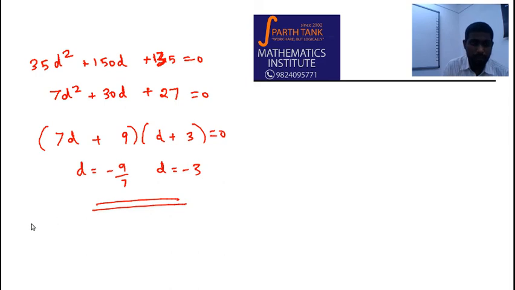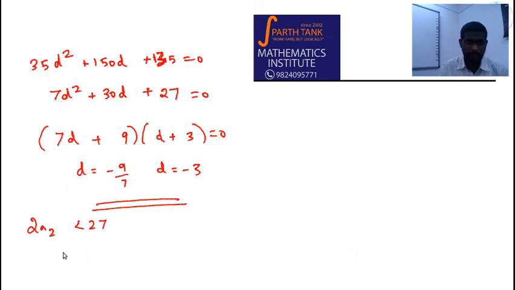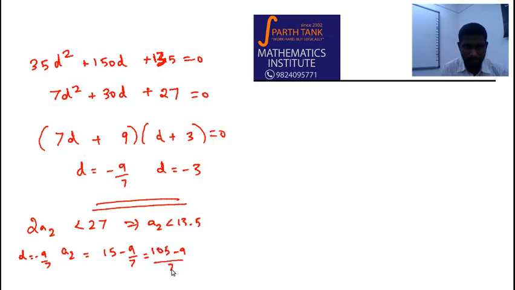Which one to choose? They have given that 2a2 should be less than 27. Now a2, if d is minus 9 by 7, a2 is 15 minus 9 by 7, which implies a2 should be less than 13.5 basically. This becomes 105 minus 9 by 7, which is 96 upon 7.